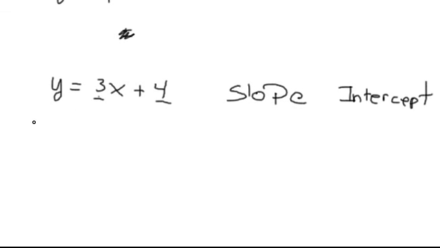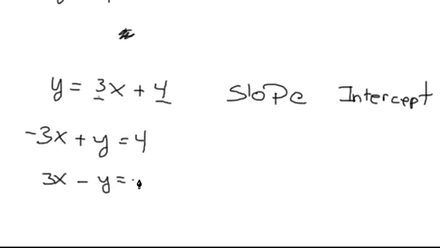Slope-intercept form. This form, if we were to take this over, this is negative 3x plus y is equal to 4. What we're going to want to do is multiply through by a negative all the way across. So this becomes 3x minus y is equal to negative 4. This form is the standard form.